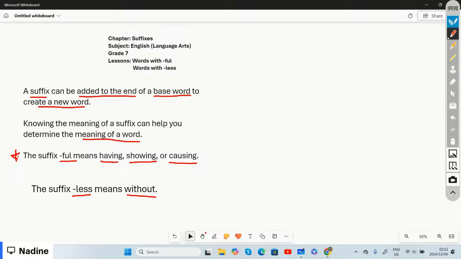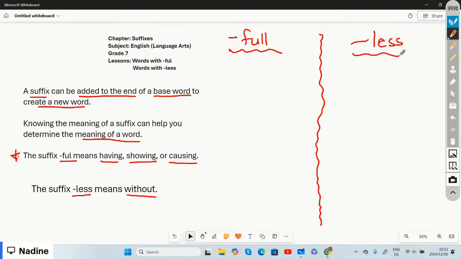And before we go to an example of less, let's quickly look at a few examples. I'm going to half it. Over here, we're going to put suffixes with full, and over here, we're going to put suffixes with less.